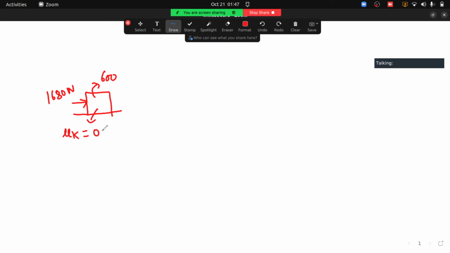Oh no, I want the coefficient of kinetic friction, not static. 0.17. Okay, now what is the value of kinetic friction? It's the coefficient of kinetic friction, not the force due to kinetic friction. Both are different. I want the force due to kinetic friction.